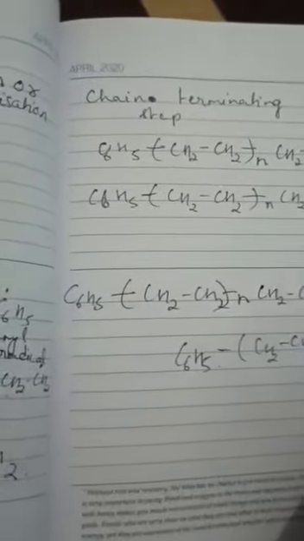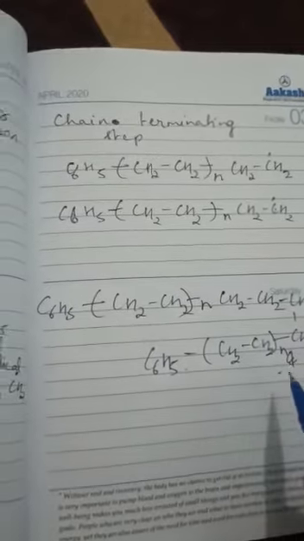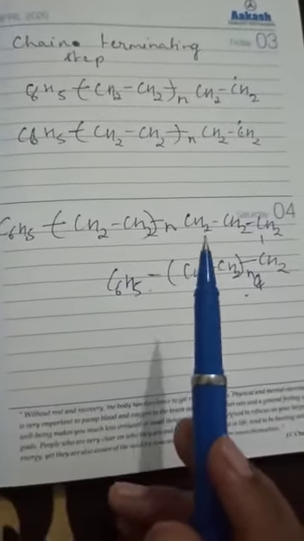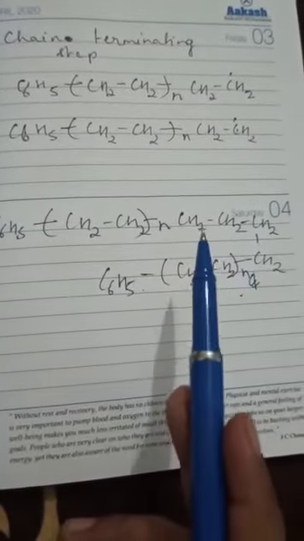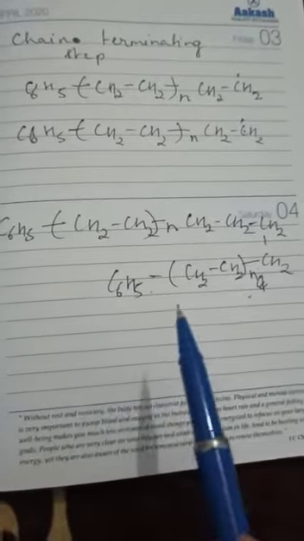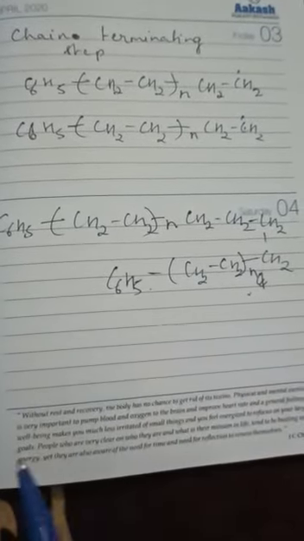This is how the formation of the polymer will stop, by reacting with another radical of the same kind. This is how addition polymerization takes place.